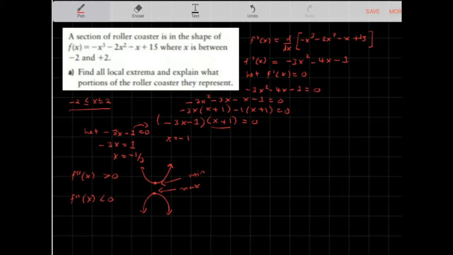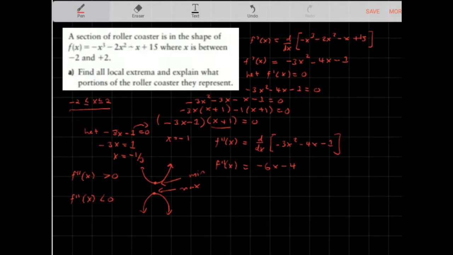Okay. Now, in this case, f double prime of x is equal to the derivative of negative 3x squared minus 4x minus 1, which is negative 6x minus 4. Okay, so that's your second derivative function, right?